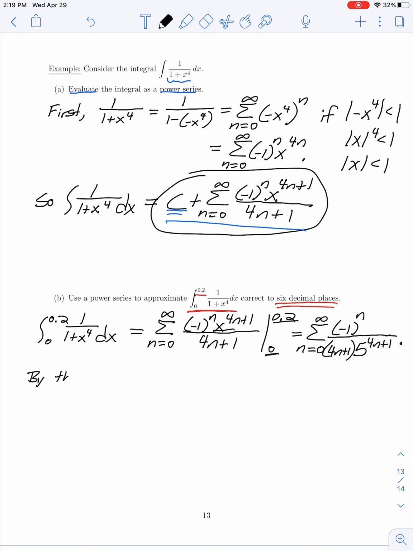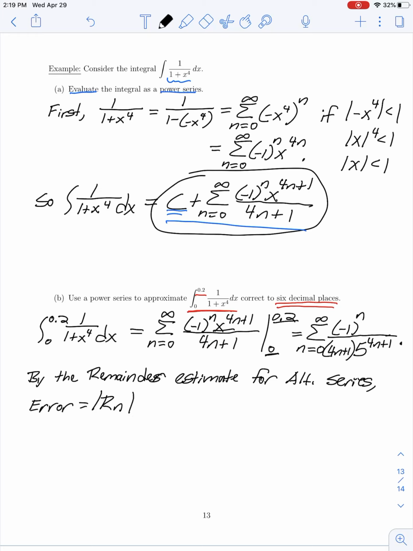So let's start by saying, by the remainder estimate for alternating series, the error in an nth partial sum approximation is given by the absolute value of the remainder, R_n.